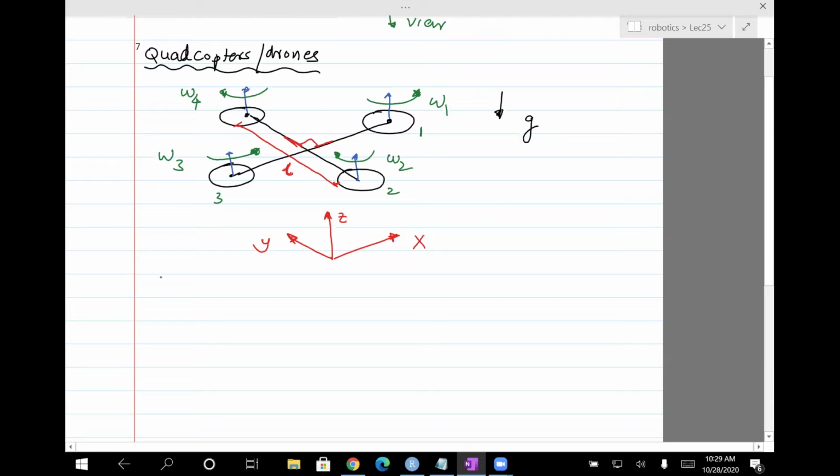So what happens is each motor provides an upward thrust, or thrust in the z direction.